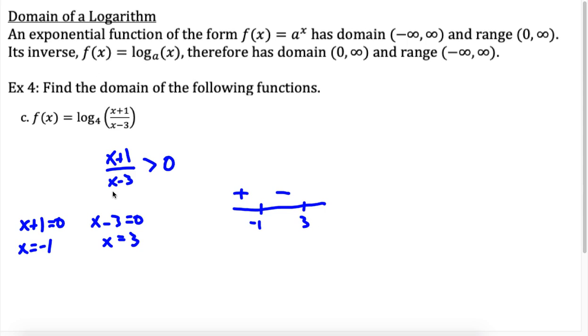Then take a value bigger than 3, say 4. 4 plus 1 is positive, and 4 minus 3 is positive, so that's positive. My domain here is anything that makes this greater than 0, any values that are positive. So my intervals are negative infinity up to negative 1, not negative 1 to 3 because that interval is negative, and then 3 to infinity.